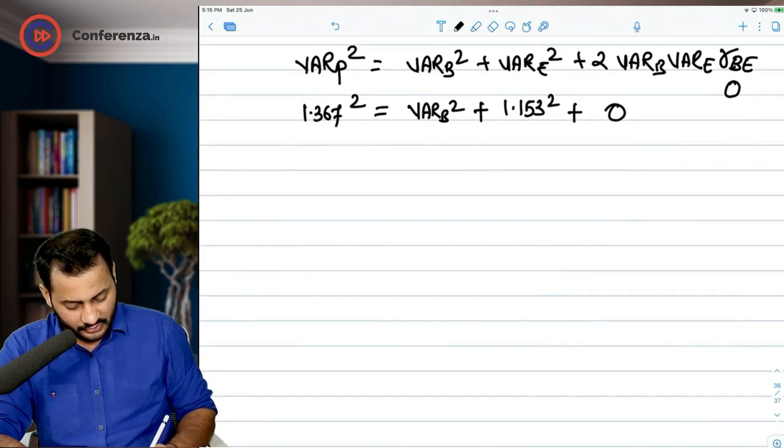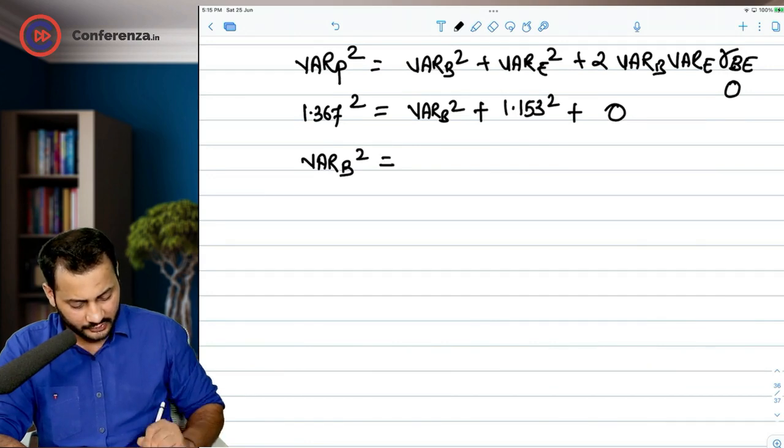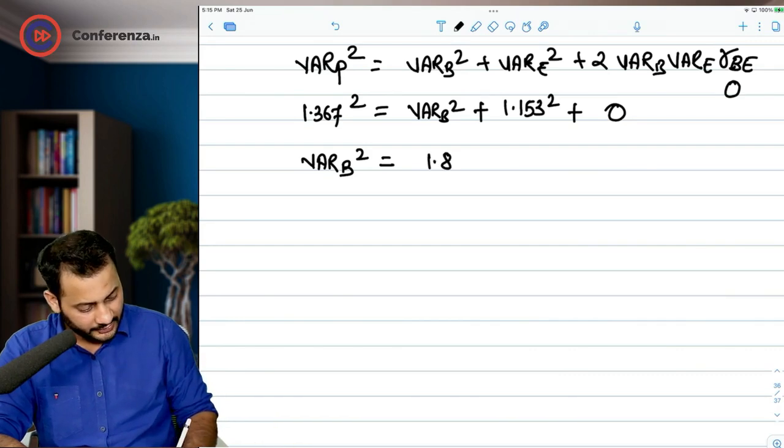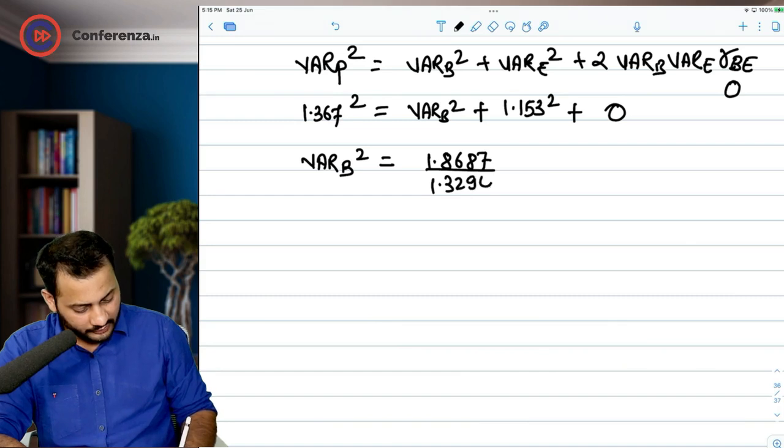And now if we solve this question, VAR of the bond square is equal to 1.367, that is 1.8687 divided by 1.3294.